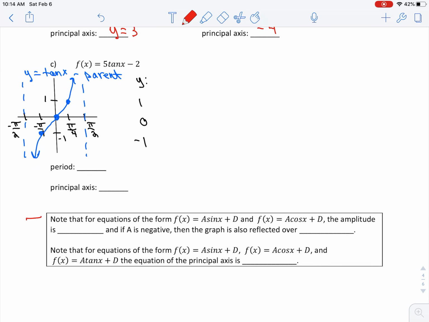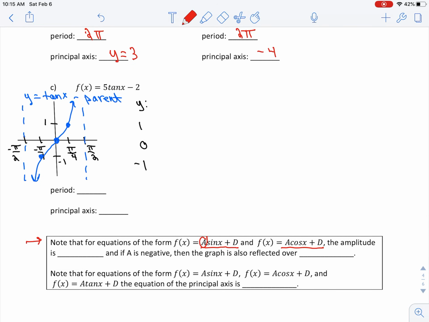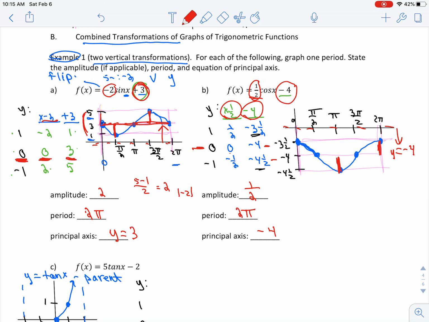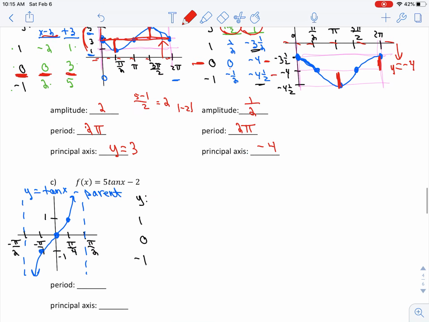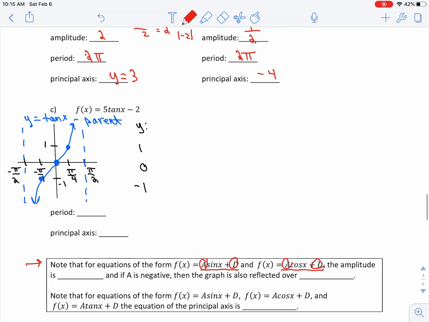It says, note that for equations of the form a times the sine of x plus d, or a times the cosine of x plus d, which is the form that we have up here, they both have a multiplier, and then they both have a constant. You can see that in the original problem: multiplier, constant, multiplier, constant. The amplitude turned out to be, now remember, the amplitude is related to a, but it's not exactly a.